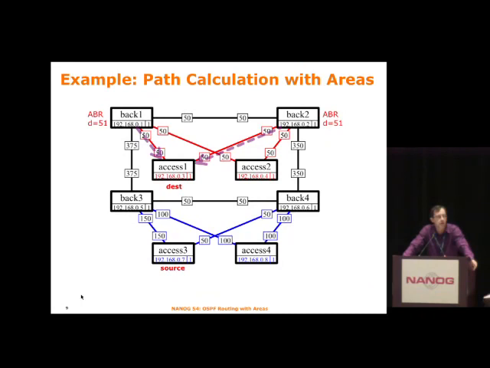And so they compute their intra-area paths to that. Then the area border routers back 3 and back 4 compute their shortest paths by looking at paths to one of the area border routers that's advertising distances there. And then the source router looks at computing its distances. And in this case, it looks at its path to the area border routers and picks the closest one, which ends up being the loop through back 4 and back 3.